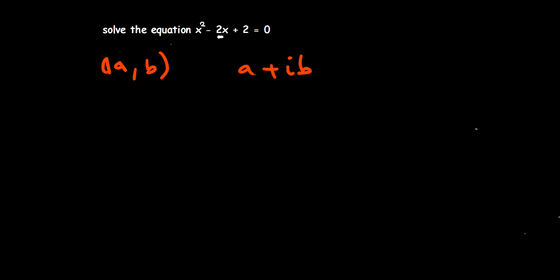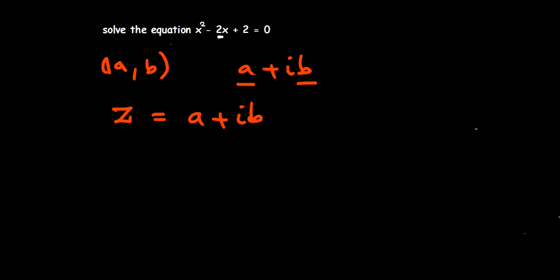We are saying that a is the real part, and b is the imaginary part. The complex number is usually given the letter z. So z is equal to a plus ib, which is our complex number.